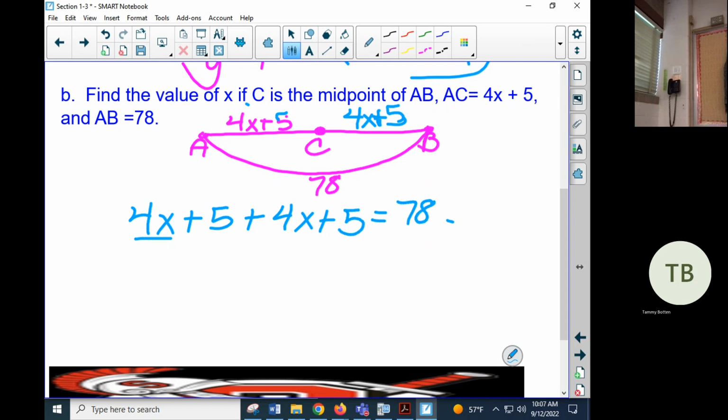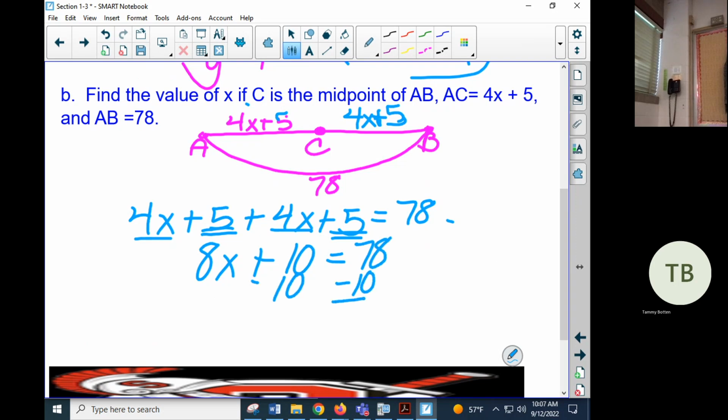Then 4x plus 4x is 8x. 5 plus 5 is 10, and that equals 78. Subtract 10, and we get 8x equals 68.